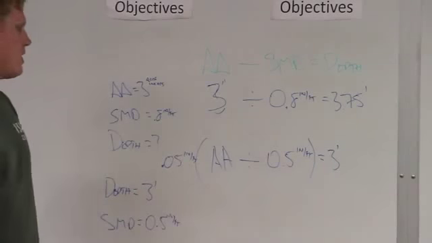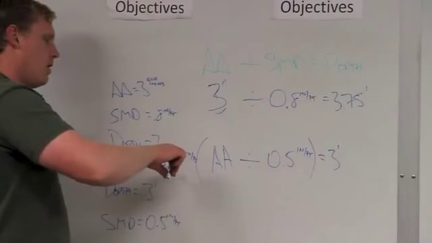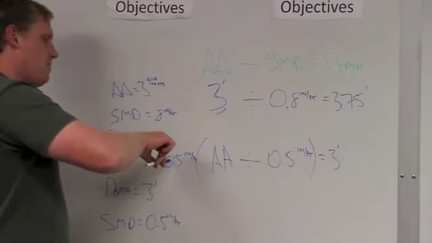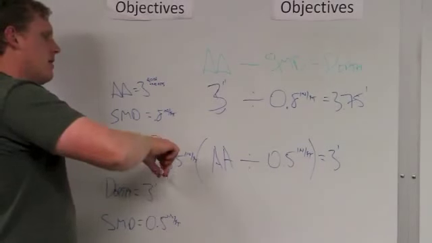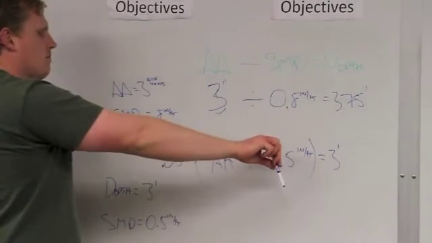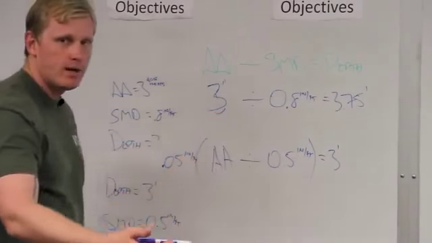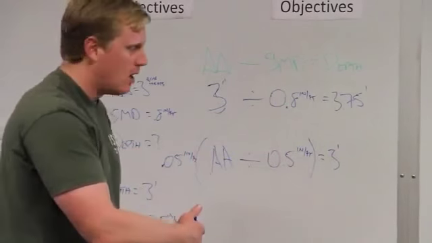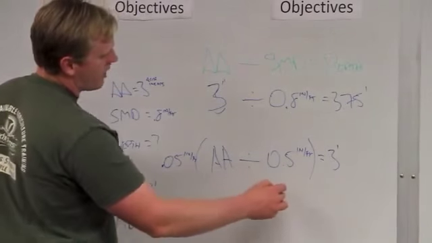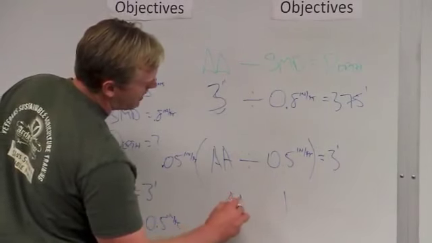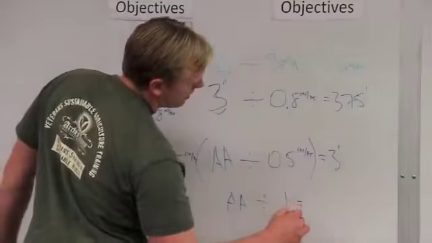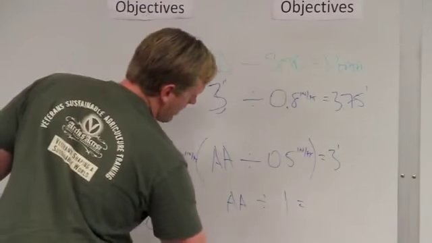Now it's important to know when you take 0.5 and multiply it by a dividing 0.5, it really comes out to a 1. It doesn't actually cancel out. So we're going to have 1 here, but it's going to be amount applied divided by 1, and it's going to equal whatever.